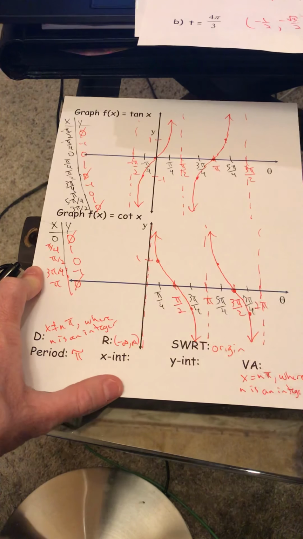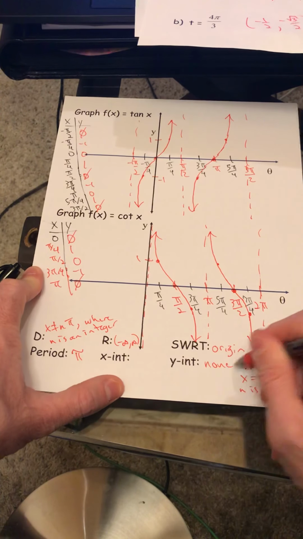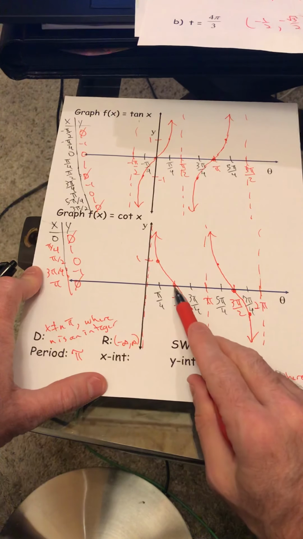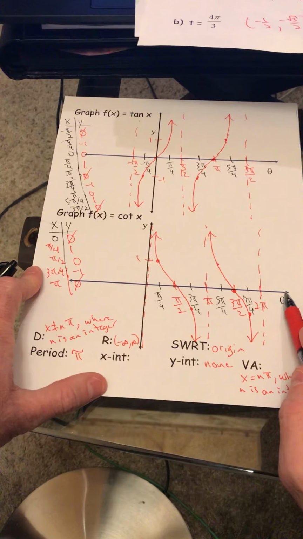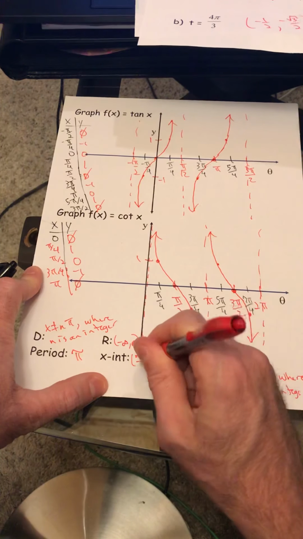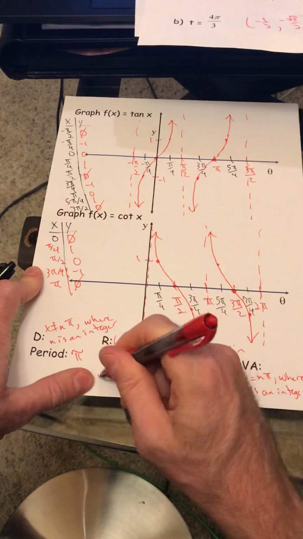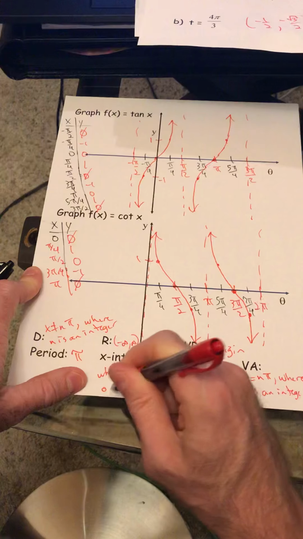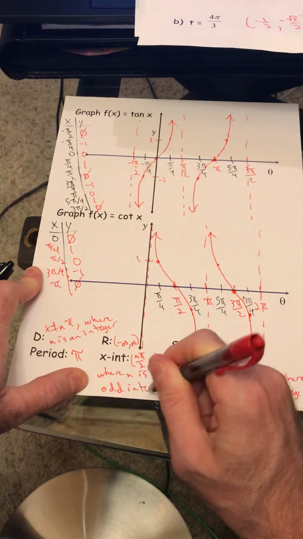The y-intercept, might as well start with the easy one. It never crosses the y-axis, so there is none. Your x-intercepts are pi over 2, 3 pi over 2, there'd be one at negative pi over 2, so they are n pi over 2 comma 0, where n is an odd integer.